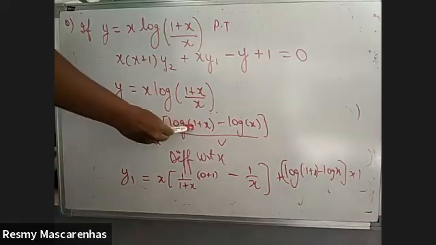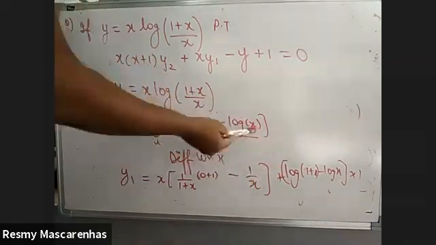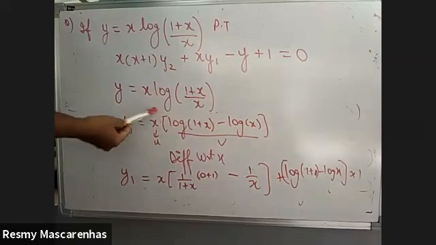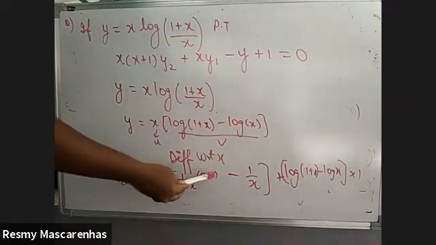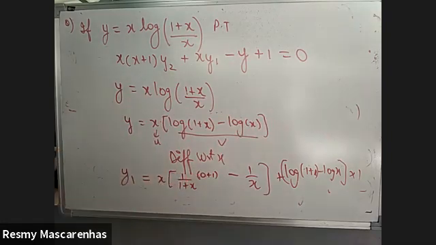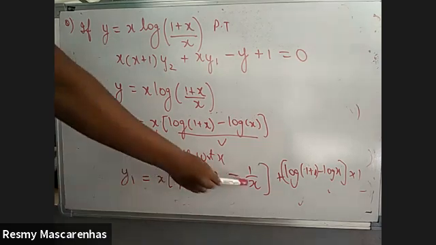So u into derivative of v plus v, whole thing, into derivative of u. Derivative of x would be 1. This is anyways 0 plus 1, which will become 1. You might get multiplied, and you can cross multiply it.